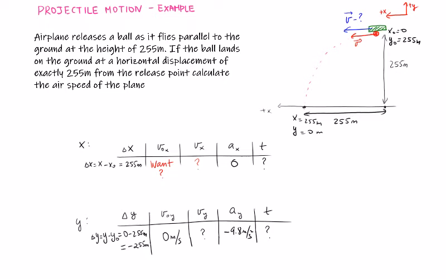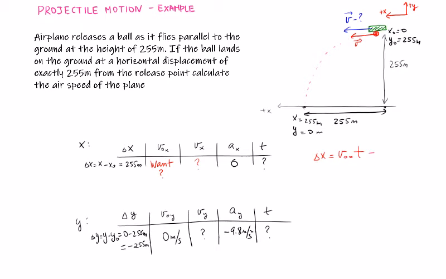Let's try to understand why we need v naught x and how we can find it. Remember, we want to start from the point of what is asked from us. To find the v naught x, we're going to use the equation delta x equals v naught x times t.